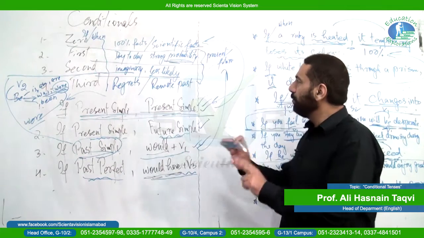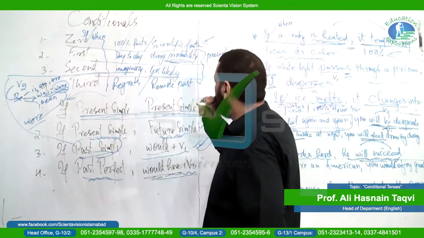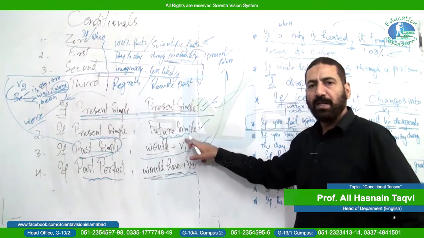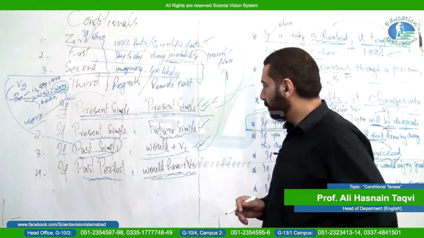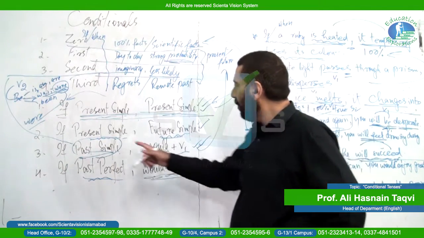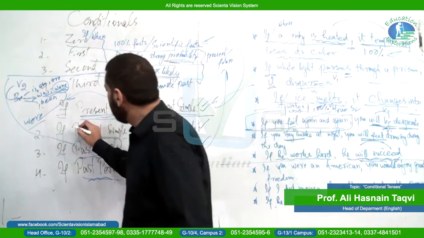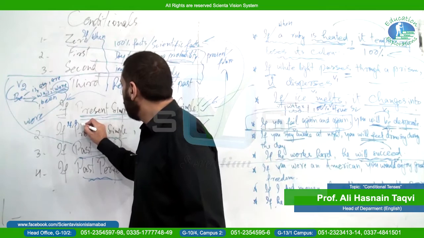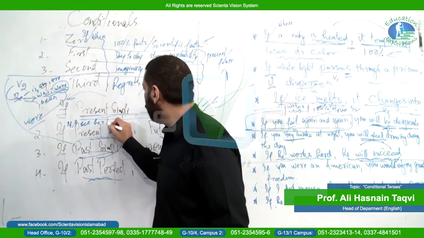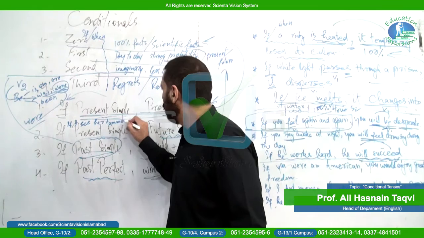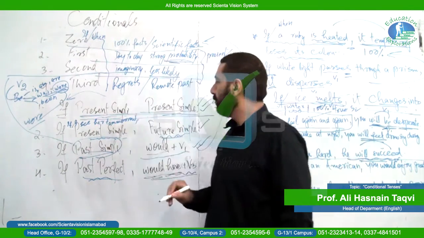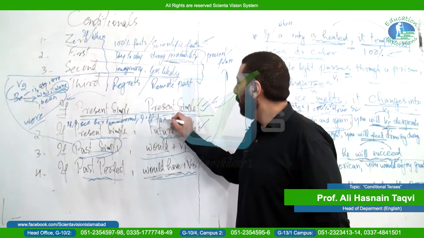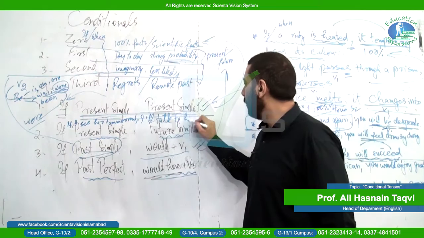Let me explain this likelihood thing. It's very important. When I say something in present simple and future simple, how that possibility increases. Let me use this sentence here. If I see her tomorrow, I'll talk to her.